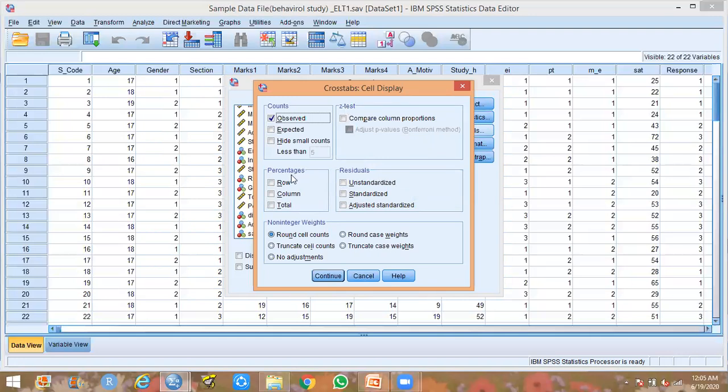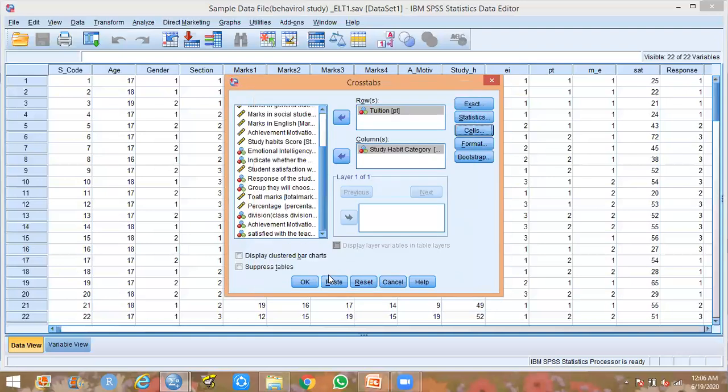If you want to get the percentage for rows and columns, you can take percentage for row, then column, and even for total also. In this way it will give you the percentages and the respective frequencies for tuition and study habit category. Fine, now you should continue.